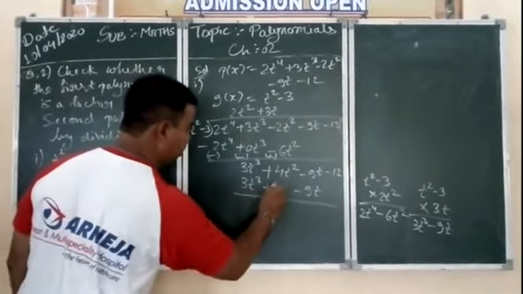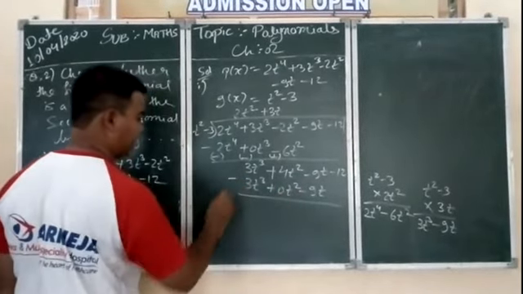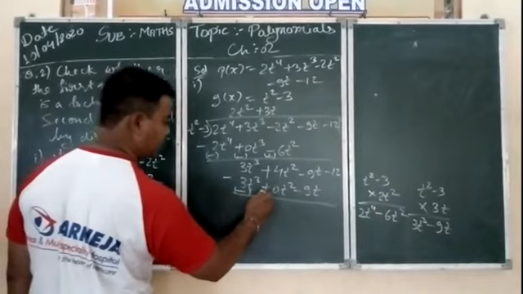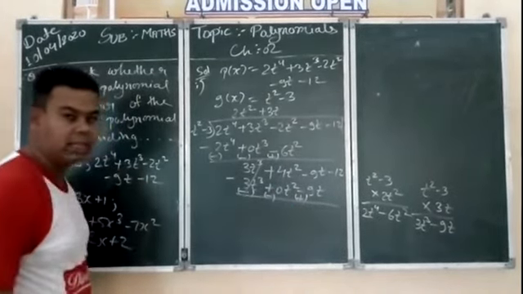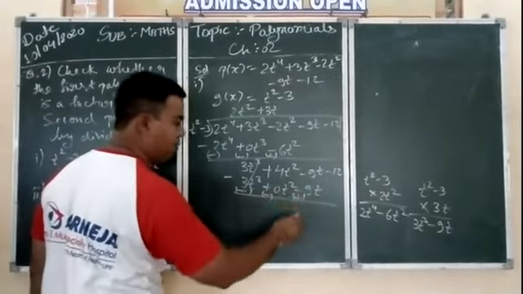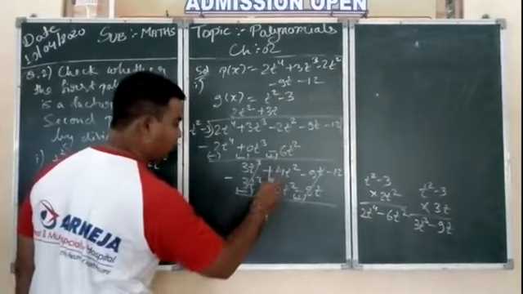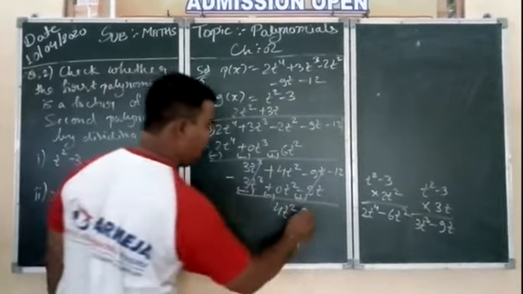Here we write plus 0t square. The sign changes: 3t cube minus 3t cube cancels, minus 9t plus 9t cancels. So 4 minus 0, we are left with 4t square and minus 12.